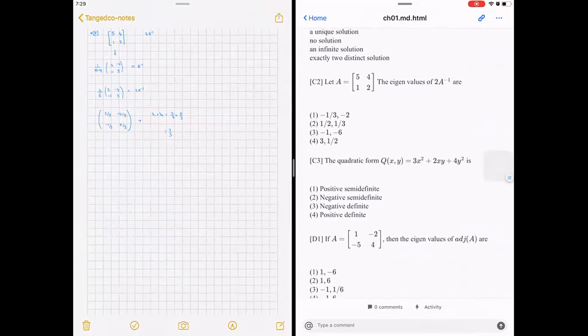3 plus, no, and minus 1 by 3 minus 2 gives minus 1 plus minus 6 by 3, minus 7 by 3. Did we make any mistake here?